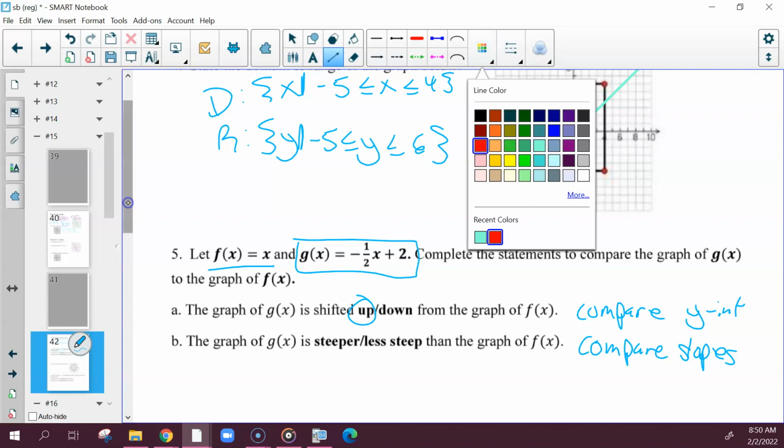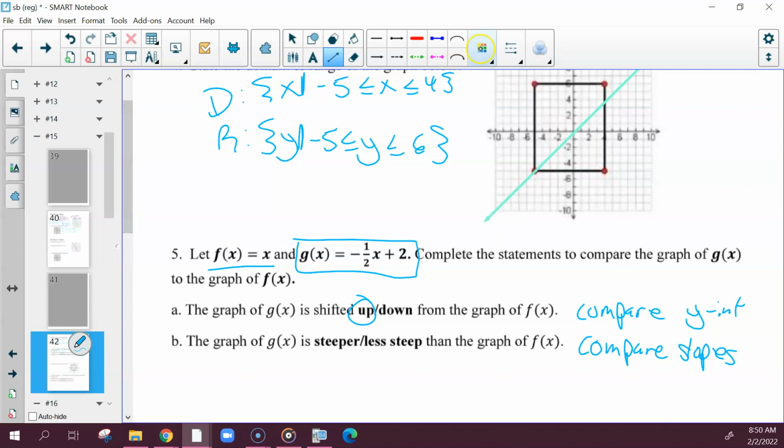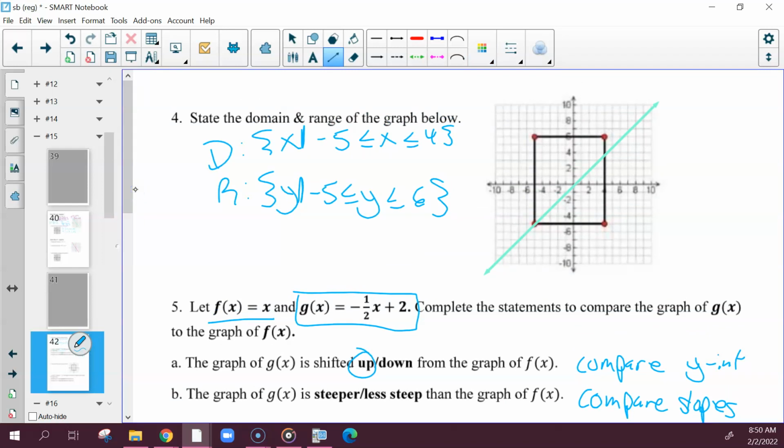This is not accurate, but I'm going to try to make it accurate. Something like that. So with steepness, you could think about if you were sledding or skiing down this hill and down this hill, which one would you go down faster?